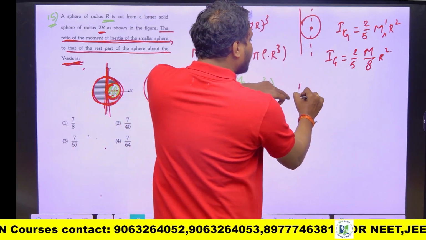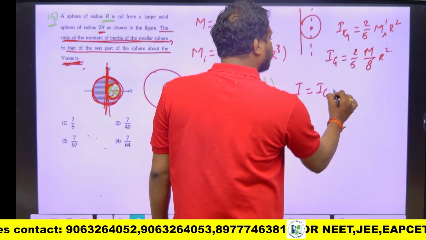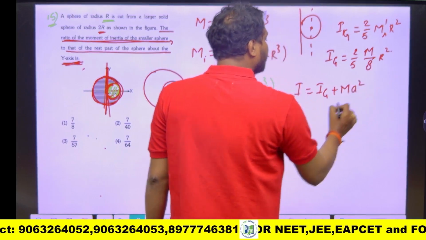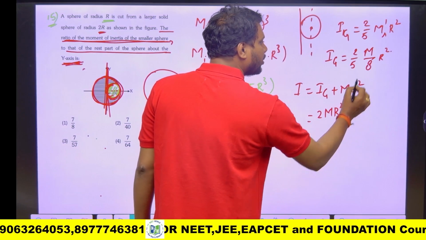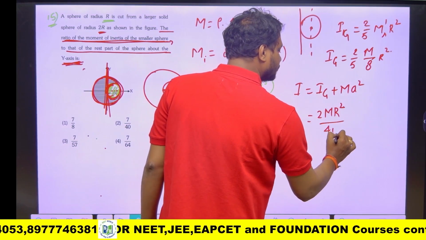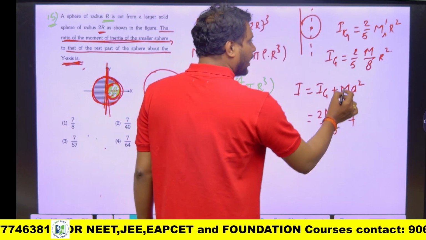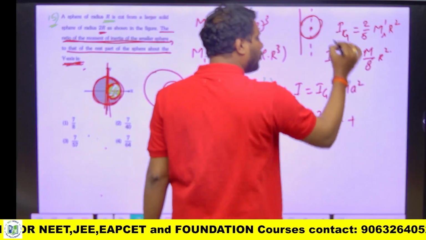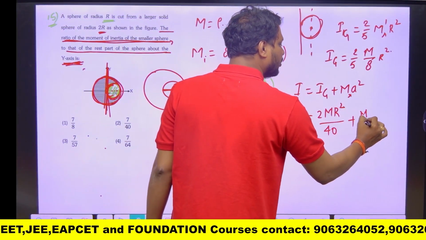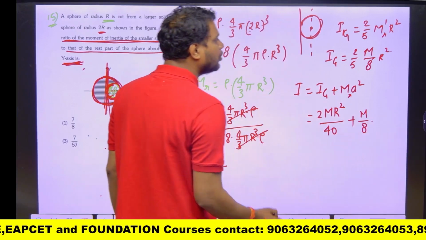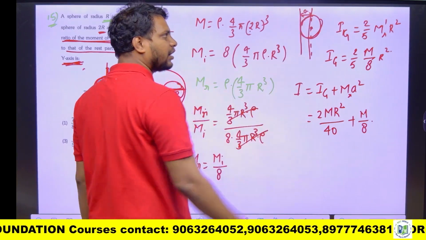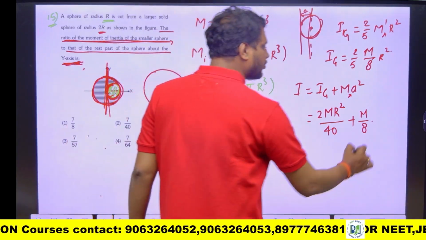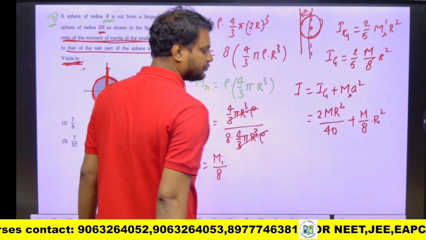Then the moment of inertia about the tangent is I equal to Ig plus ma square. Ig is 2 mr square by 8 into 5, which is 40, plus the mass of the removed part, m by 8, into, according to the parallel axis theorem, the distance between the two parallel axes, taken as a, which in this case becomes r, so mr square.